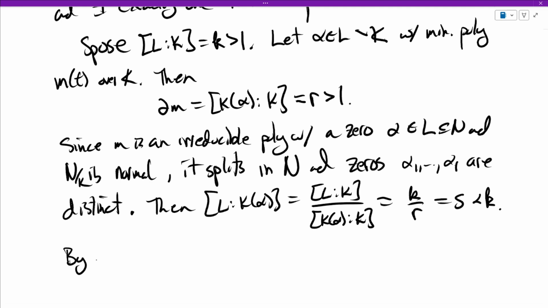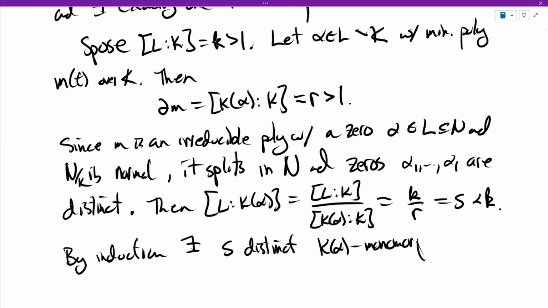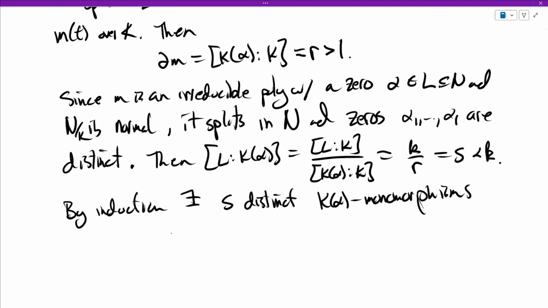Okay, so by induction, there exist s distinct K adjoin alpha monomorphisms from L into N. We're going to call these rho 1 through rho s. Why? Well, L over K adjoin alpha is an extension of degree less than k, so we can apply induction to it. And we get exactly s, and that's all there are.